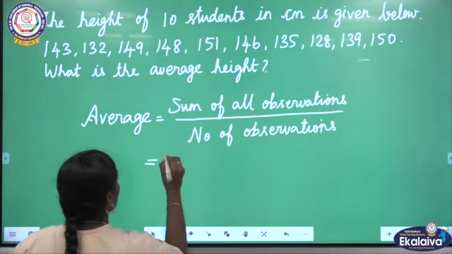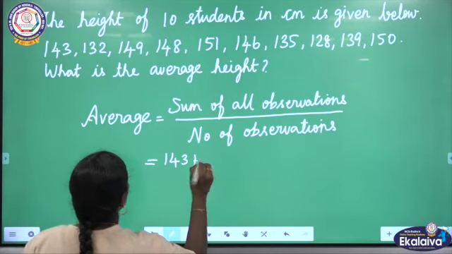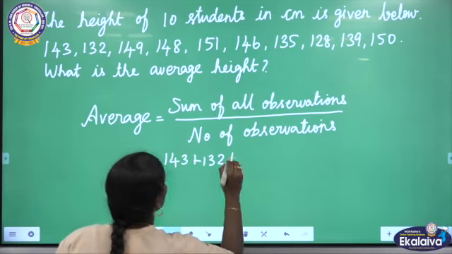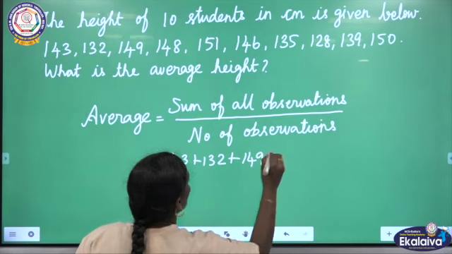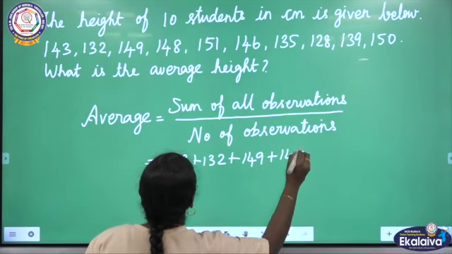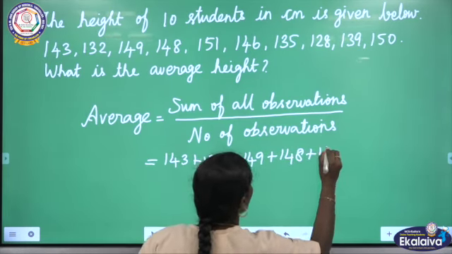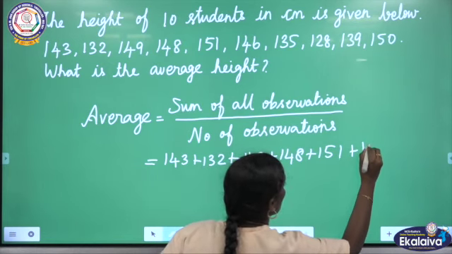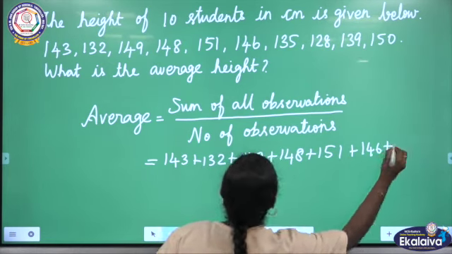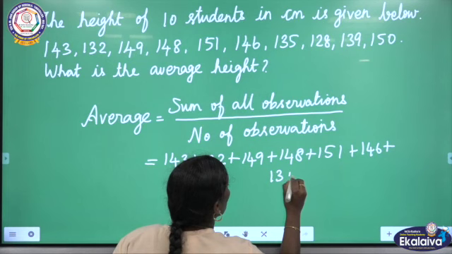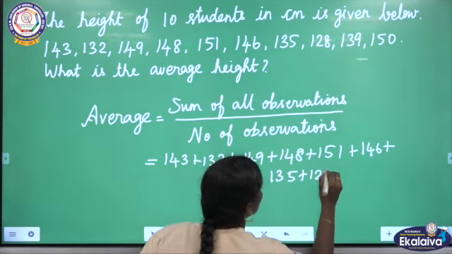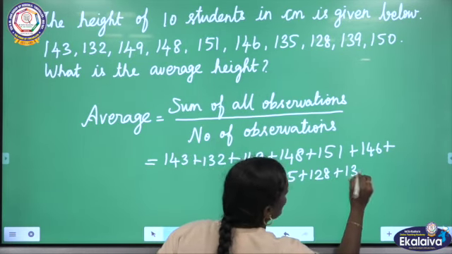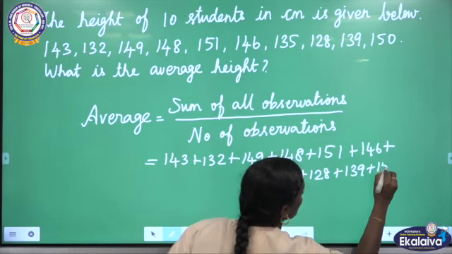That is 143 plus 132 plus 149 plus 148 plus 151 plus 146 plus 135 plus 128 plus 139 plus 150.